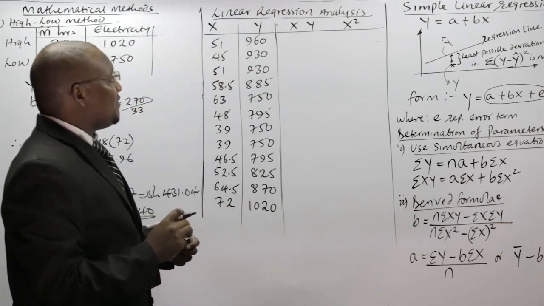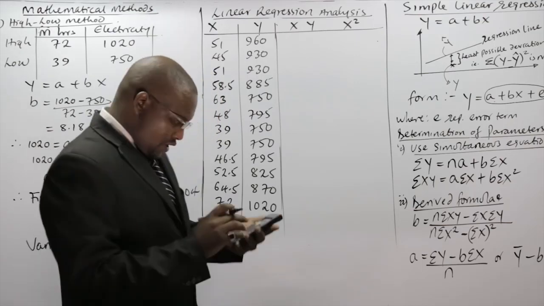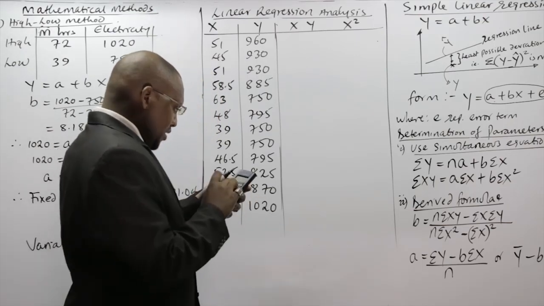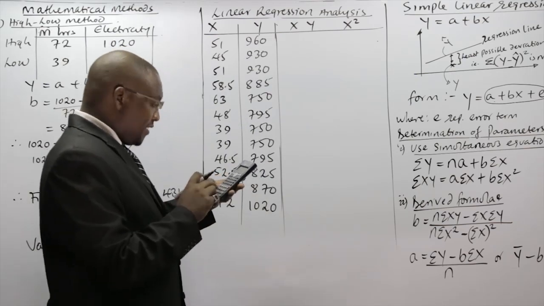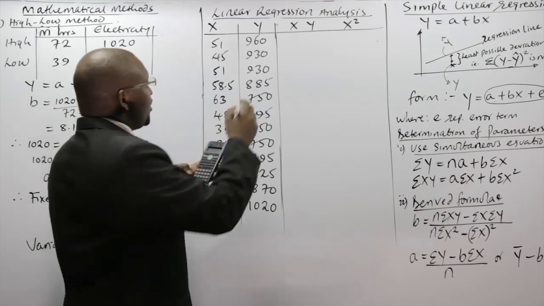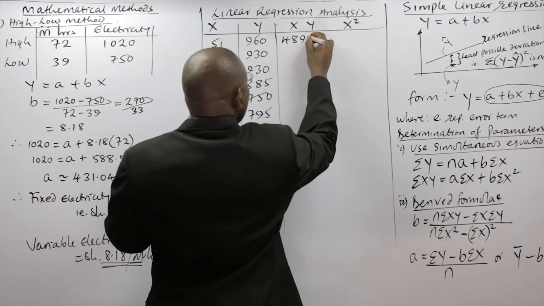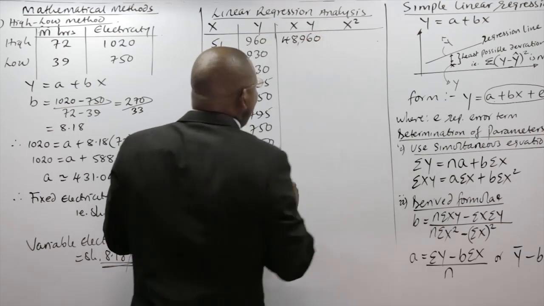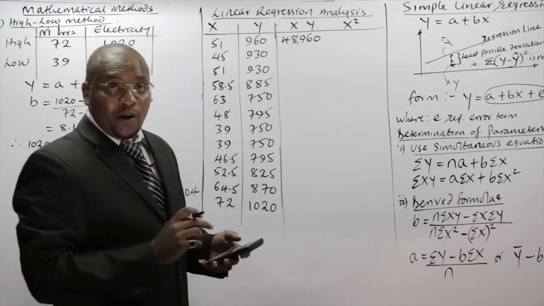Then to get the values of xy, we'll just need to multiply x and y. We'll have 51 times 960, which is 48,960. I'm storing my values as I indicate, so that I can have the final answer here.